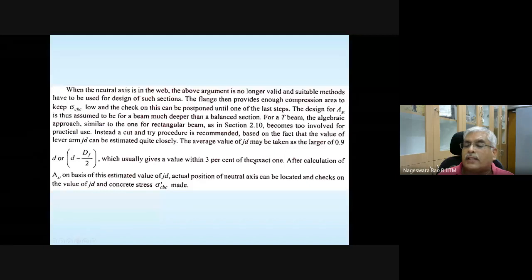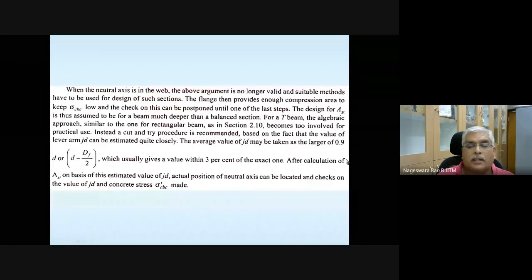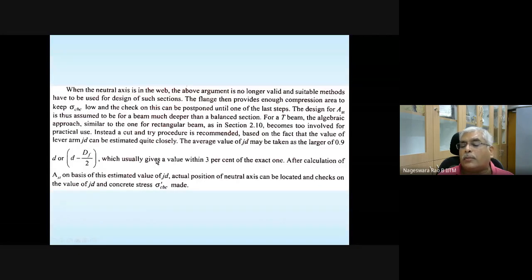So we are going to start with a trial lever arm. Once the lever arm is assumed, the area of steel is going to be found out. After calculation of the area of steel, Ast, on the basis of this estimated value of the lever arm, the actual position of the neutral axis can be located.